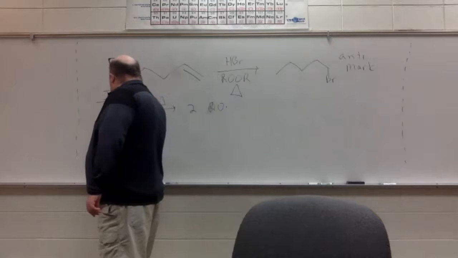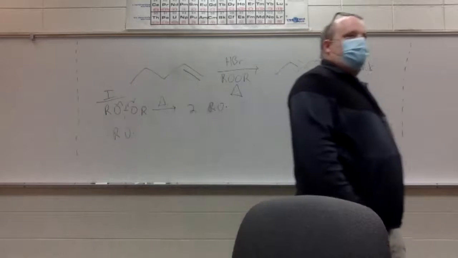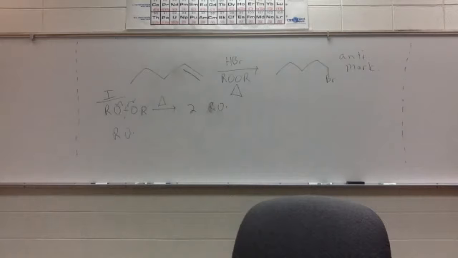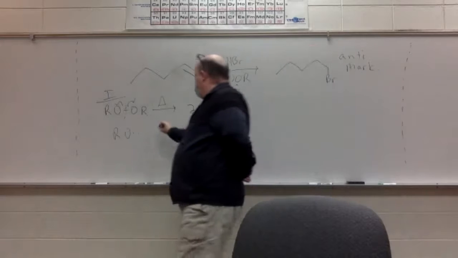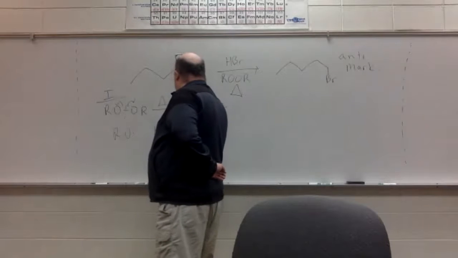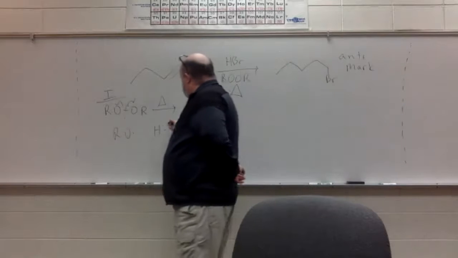And then one of those initiator radicals is going to help you get your bromine radical. How's it going to do that? What's your initiator radical going to interact with? HBr. What's it going to do to HBr? It's going to grab a hydrogen radical.